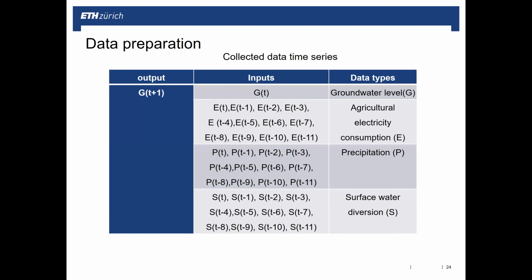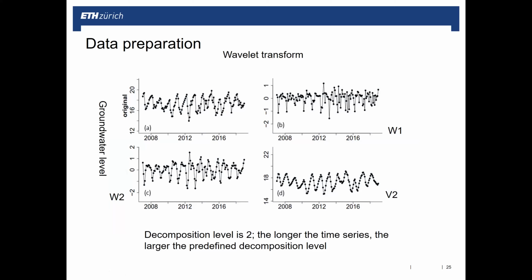After we collect all the data, we use the wavelet transform to decompose our groundwater level and other inputs into 3 different sub-levels, because the decomposition level we choose is 2. So this is the high frequency at level 1, the high frequency time series at level 2, and also the low frequency of the time series at level 2.